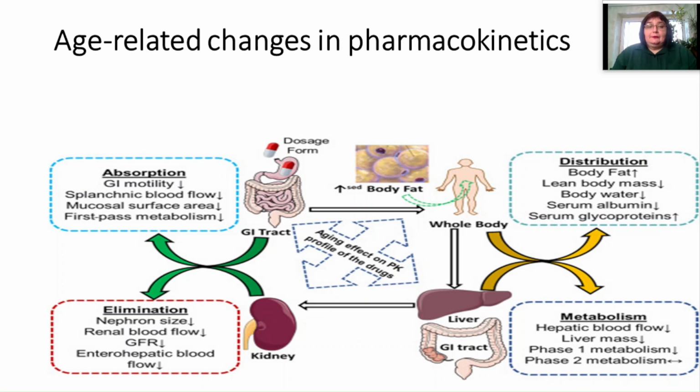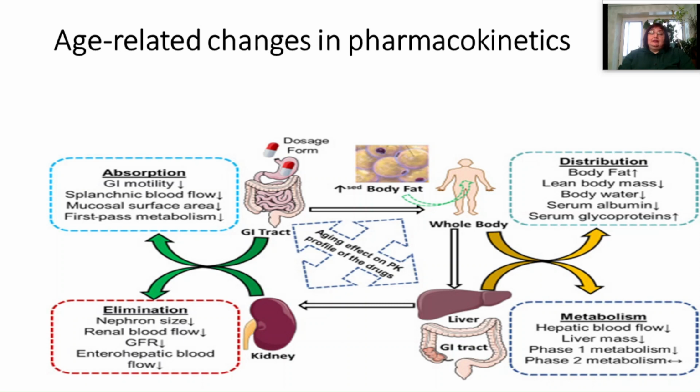When we're talking about absorption, GI motility is decreasing, splanchnic blood flow is decreasing, mucosal surface area is decreasing, and first pass metabolism is decreasing. The second stage of pharmacokinetics is distribution, taking into account body fat increasing, lean body mass decreasing, body water decreasing in elderly patients, serum albumin decreasing, and serum glycoproteins increasing.